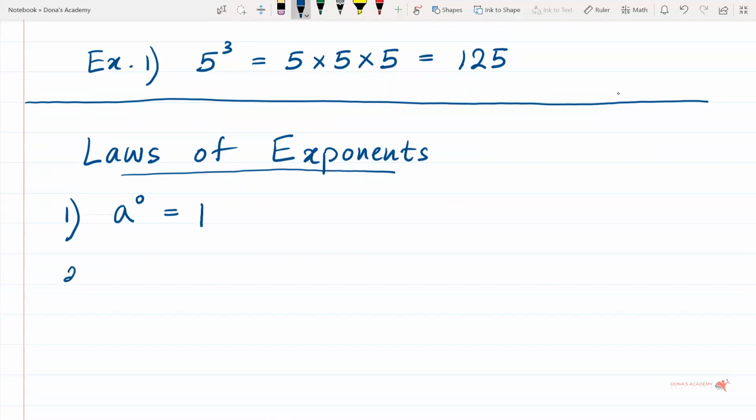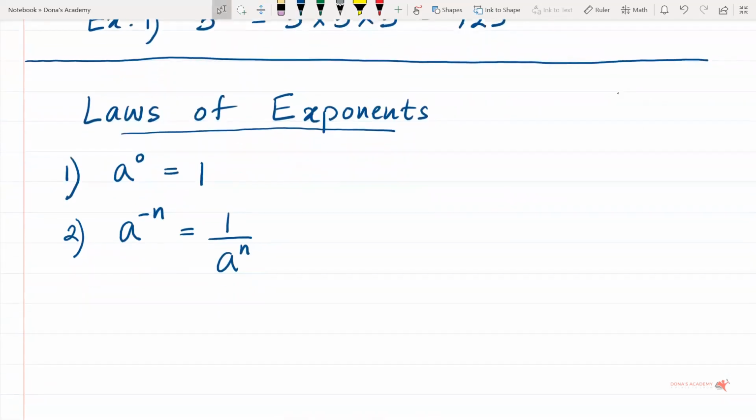Second one is, if you have a negative power, a to the power negative n, then this is the same as 1 divided by a to the power n. This is kind of a definition, not exactly a law, even though I included it in laws.